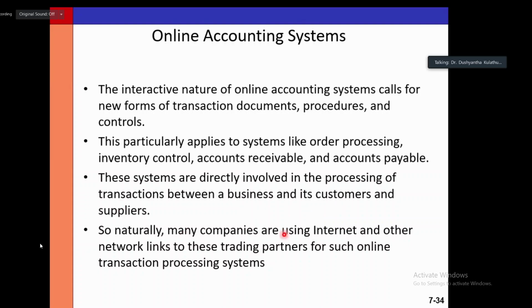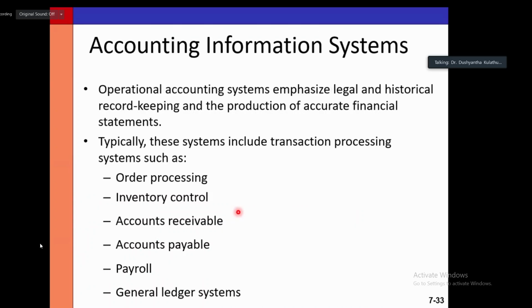Naturally, many companies are using the internet and other network links to these trading partners for online transaction processing, utilizing different technologies to link the trading partners, allowing them to process these transactions online and giving some benefits to all the parties. So that is about accounting systems.